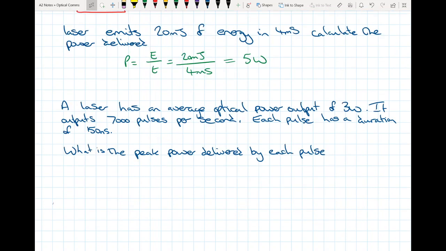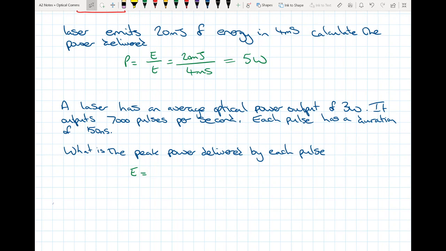We've got a different laser this time, outputting 3 watts, 7,000 pulses per second, and each pulse is 150 nanoseconds. We want to know the peak power delivered with each pulse. The first thing we need to do is look at the energy that we've got. Let's start off with writing the equation.